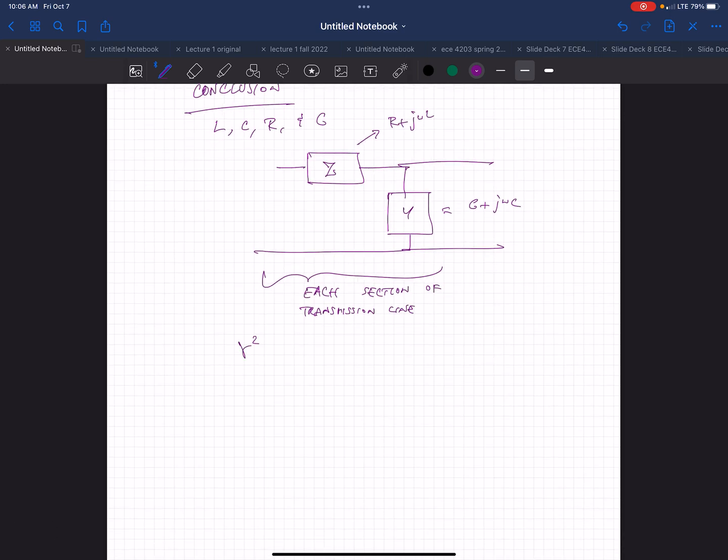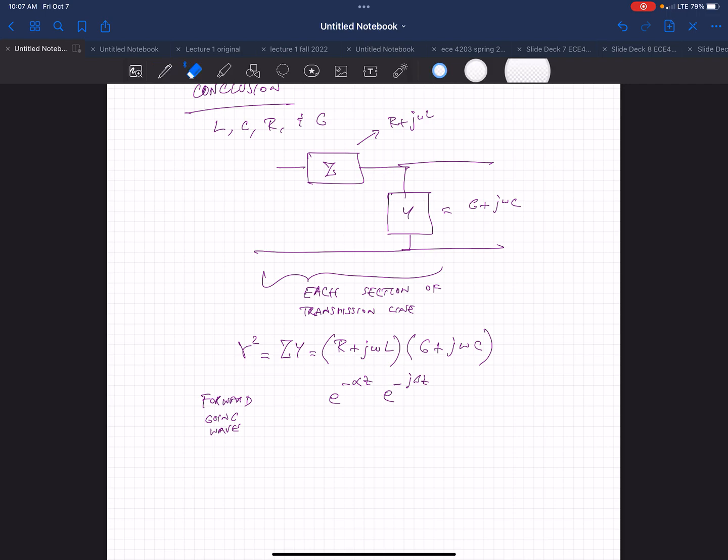And generally, gamma squared is Z times Y, which is equal to R plus j omega L times G plus j omega C. And generally for a forward going wave, we're going to have something of the form e to the minus alpha z, e to the minus j beta z.